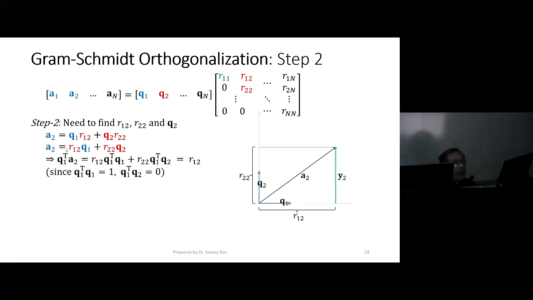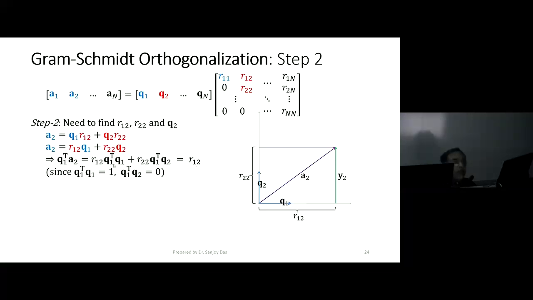So mathematically, we just pre-multiply both sides with Q1 transpose. So Q1 transpose A2 equals R12 times Q1 transpose Q1 plus R22 times Q1 transpose Q2, which is equal to R12.